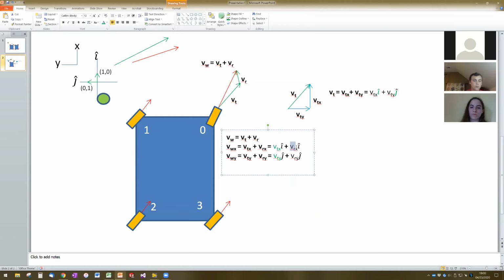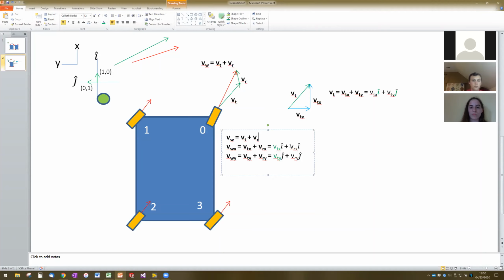The question that we still have remaining is we need to calculate the rotation components in the x and the y direction. So if VTX and VTY are the velocity that we want the robot to translate with, that's a physical description of the robot that makes sense to us.